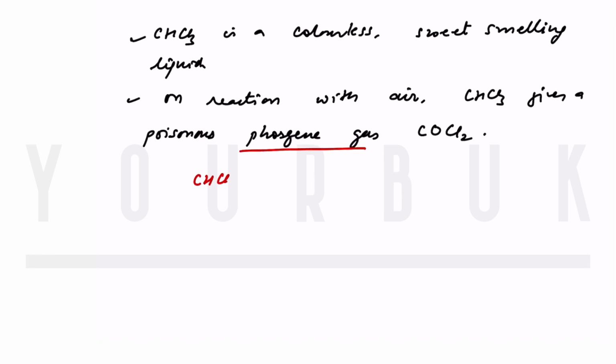Chloroform on reaction with air, oxygen, in the presence of light, gives COCl2 plus HCl. This is called phosgene gas, poisonous.